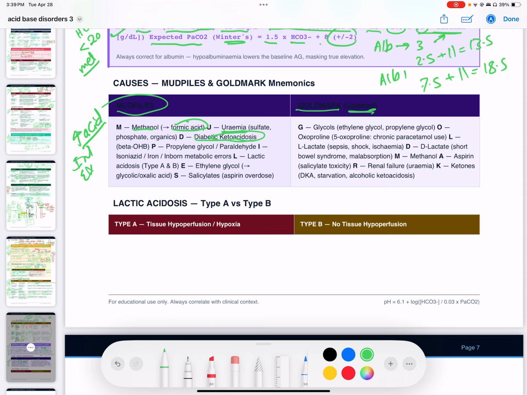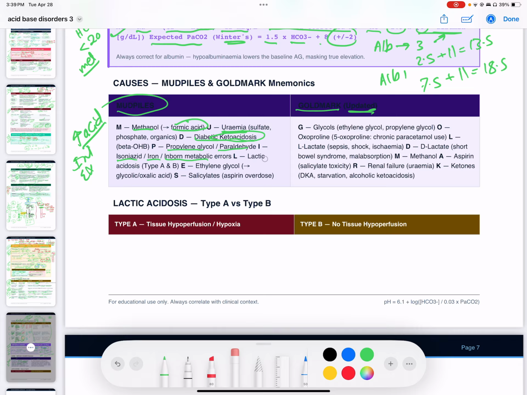P stands for propylene glycol or paraldehyde, or isoniazid, iron, sometimes inborn metabolic errors that can increase different acids.